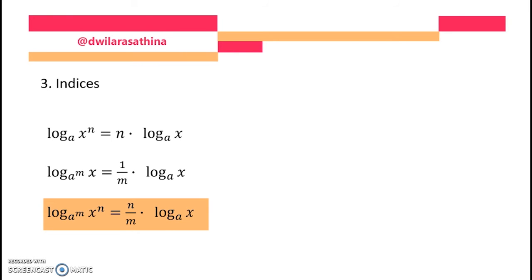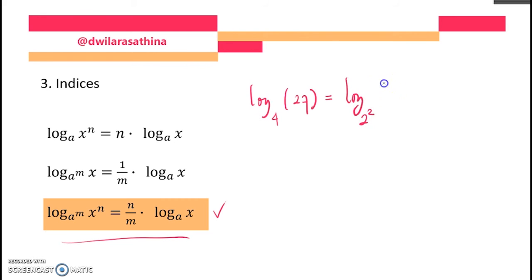Alright, before we go on to the next law, I will give you an example for the indices law. Let's say I have log to the base 4 of 27. With this law, I get log 2 squared of 3 cubed.